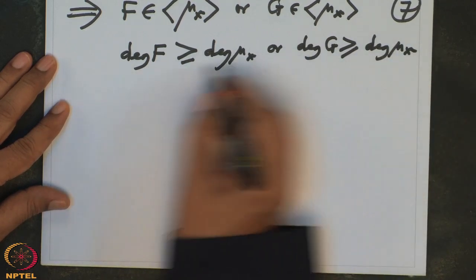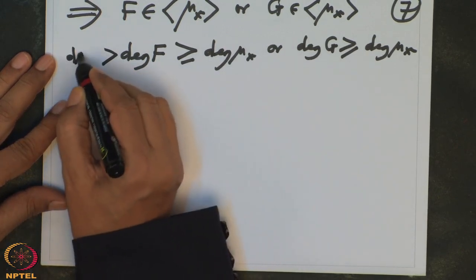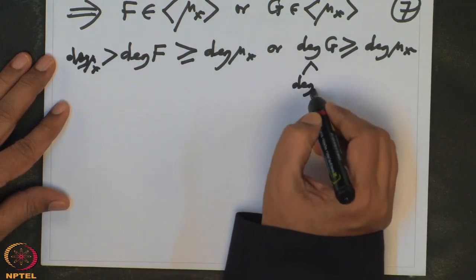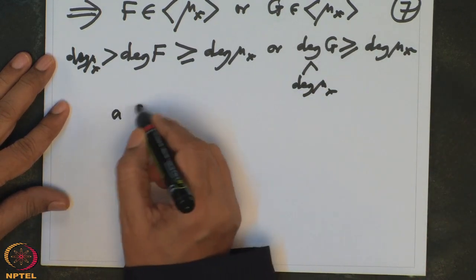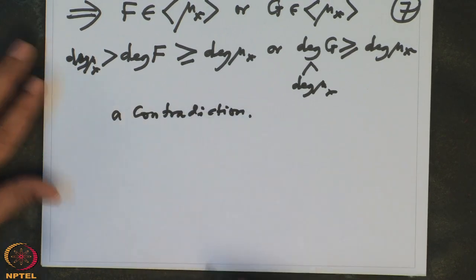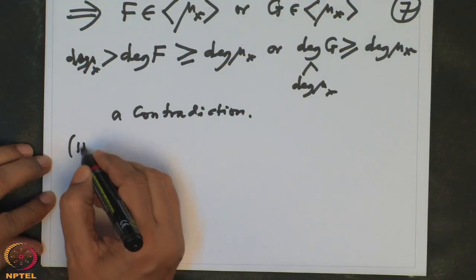But f and g were proper factors of mu. So this is strictly less than the degree of mu. This is also strictly less than the degree of mu, a contradiction. Either this or this is a contradiction. So that proves that if K[x] is a field, then x must be algebraic and the minimal polynomial should be a prime polynomial. Now conversely, that is 2 implies 1.